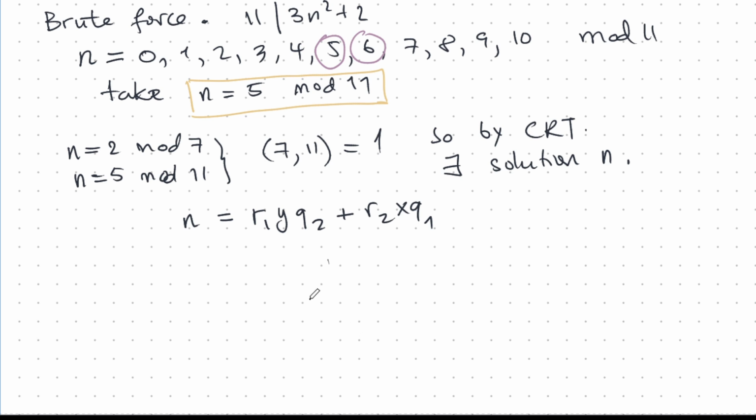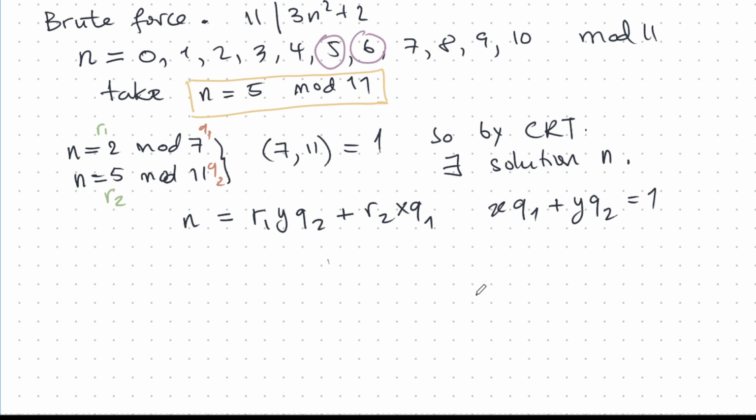The solution is R1 y Q2 plus R2 x Q1, where this is R1, this is R2, this is Q1, and this is Q2. What are x and y? Well, x and y are the coefficients of Bezout's linear combination.